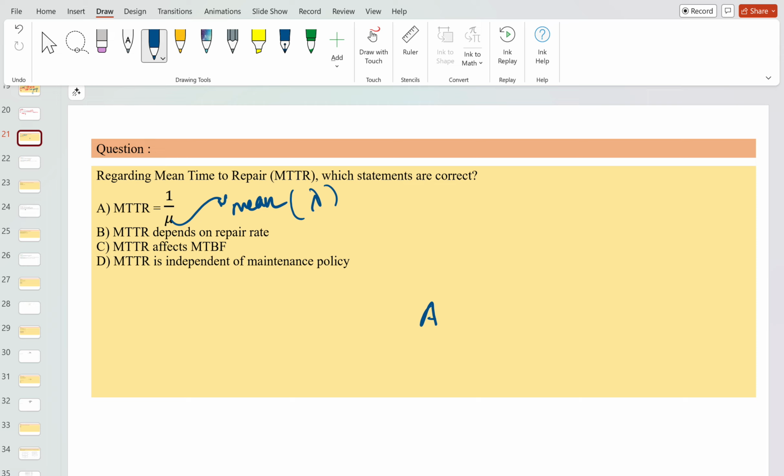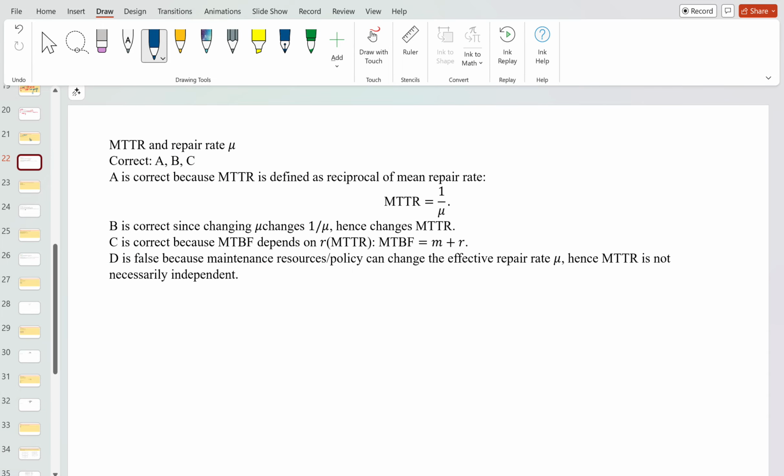Okay, option A, B, C, I got one more answer. So I got three answers, A, B, C. Okay, let's check. So that's true, A, B, C is actually good. This is good sense that you are getting the points. You're just relating the concept and getting the correct answer.